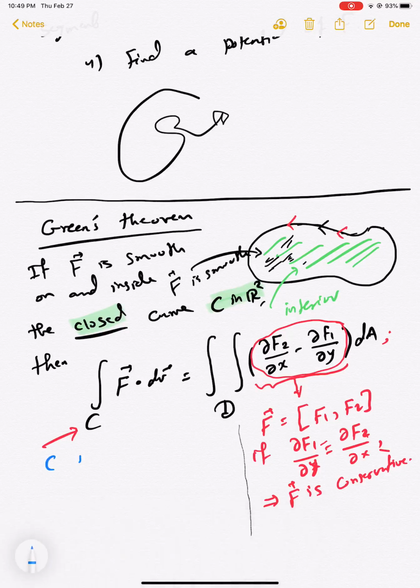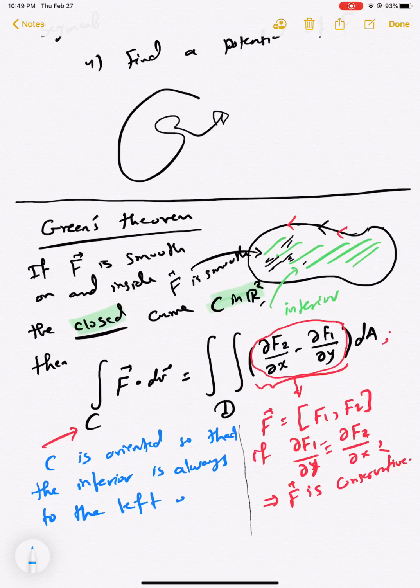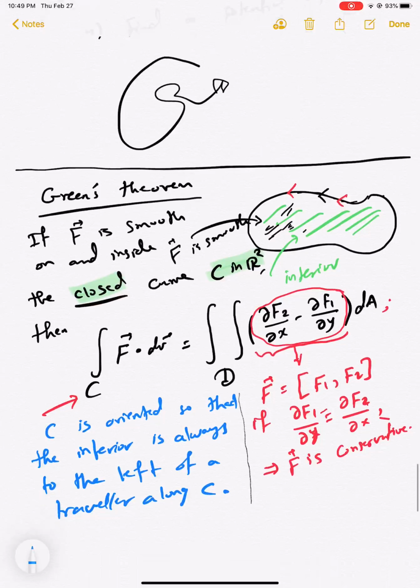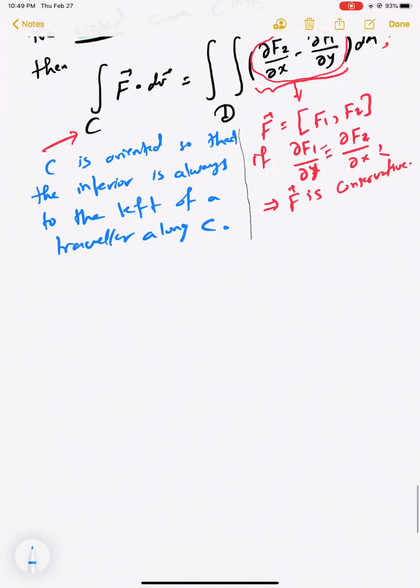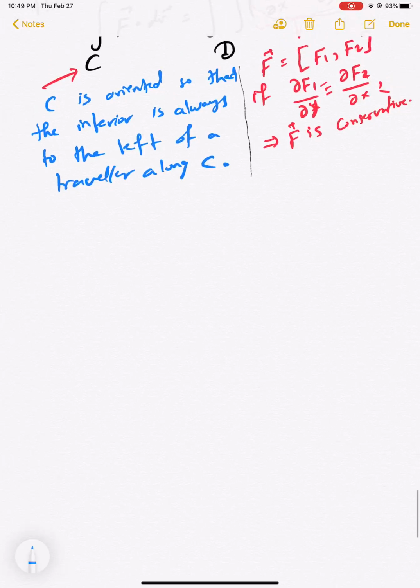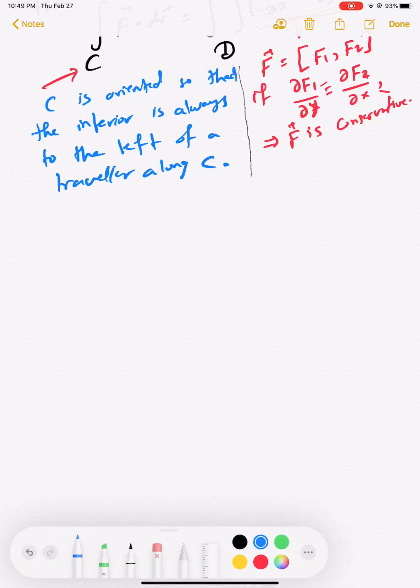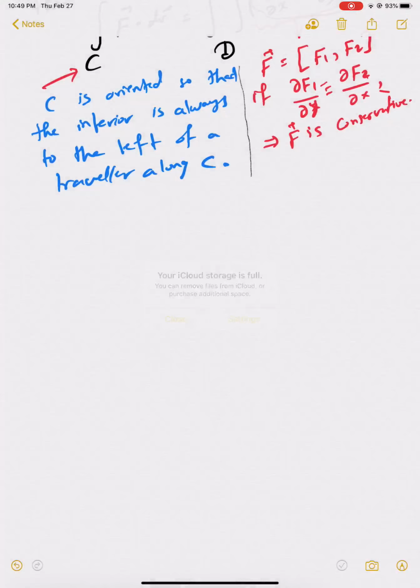C is oriented so that the interior is always to the left of a traveler along C. We need to clarify this. What is the meaning that C is oriented this way? Usually we say a closed curve is oriented clockwise or counterclockwise. Now what do we mean by this?